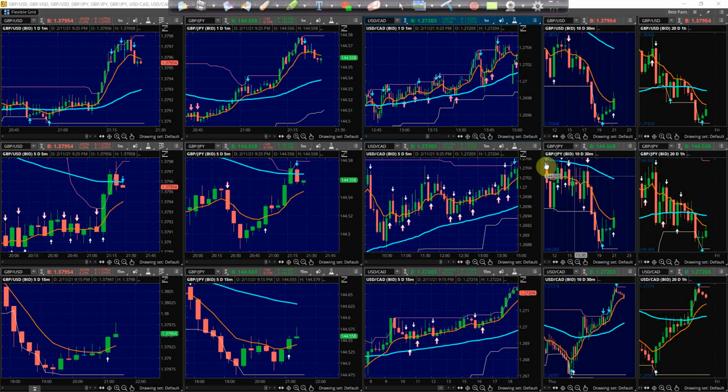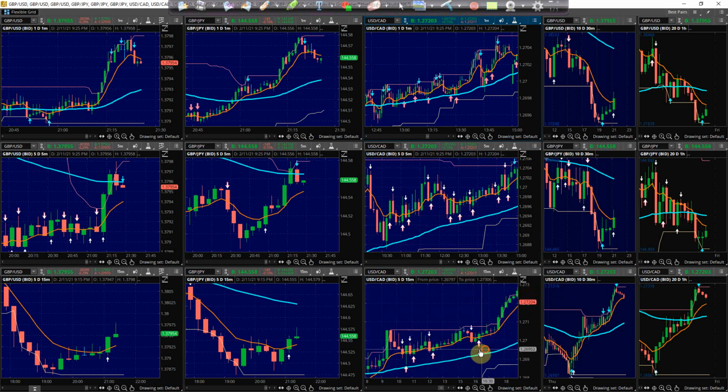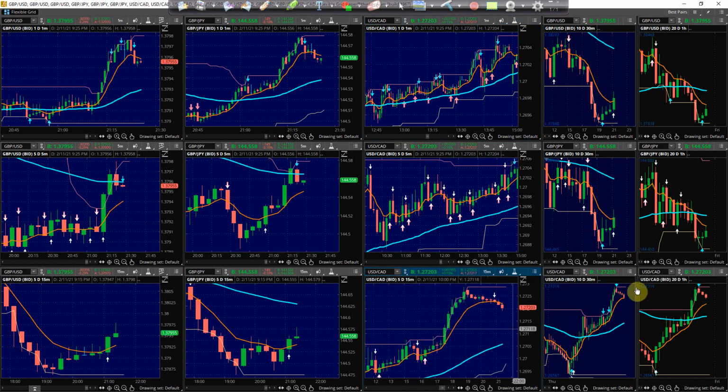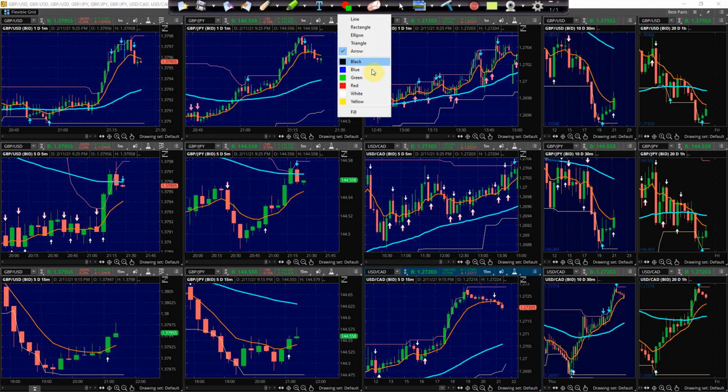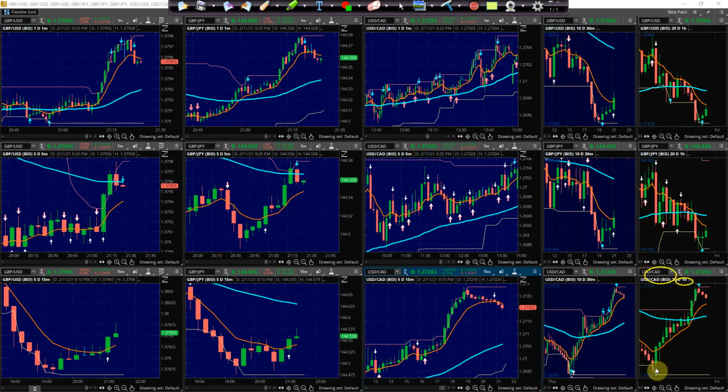So again, let's start from the beginning. What do we look for? We look for our bias. What is the last white, pink, or super arrow on the USD CAD 1 hour? That is pointing up. The white, pink, or super arrow. Let's go over to the 30-minute chart. The last white, pink, or super arrow is also pointing up.